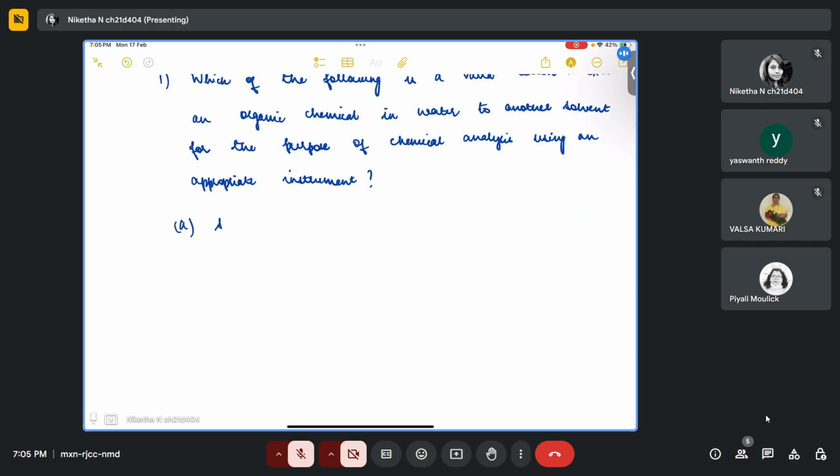Options are: some analytical instruments cannot accept the water samples directly.